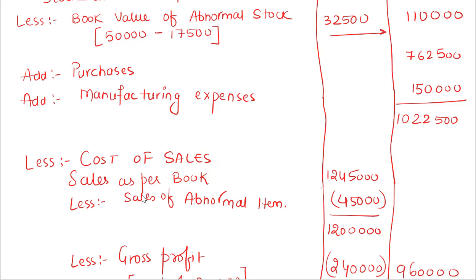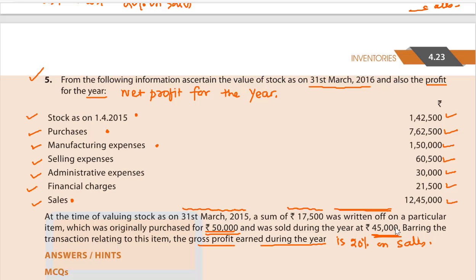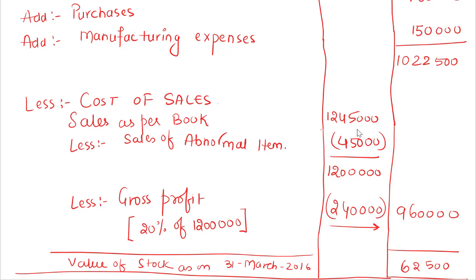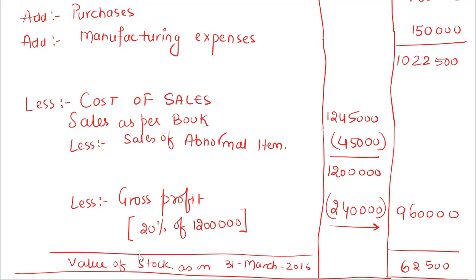Then we calculated the cost of sales. The formula to calculate the cost of sales is normal sales minus gross profit. The total sales during the year was 12,45,000. Out of that, there was an abnormal sale of 45,000 given in the last para. Now we deducted the abnormal sales, so the normal sales is 12 lakh. The gross profit is 20% on normal sales, so 12 lakhs multiplied by 20% is 2,40,000.